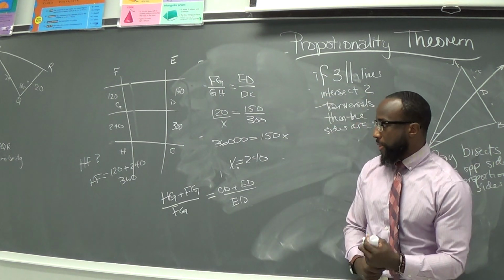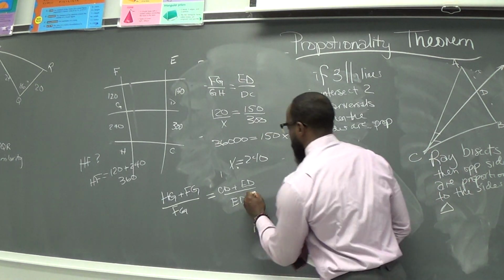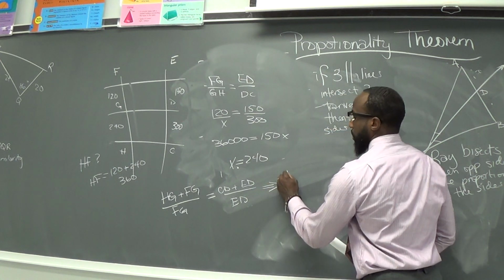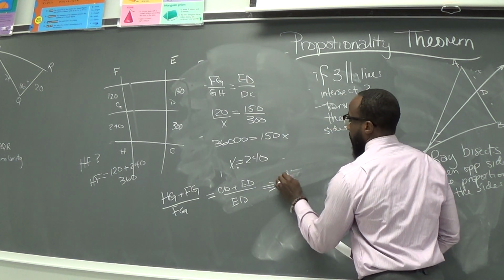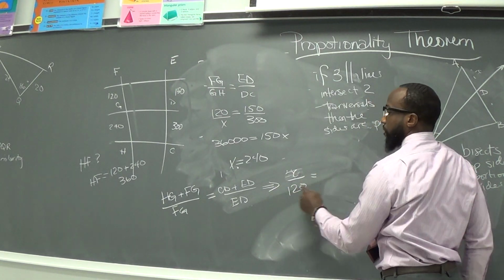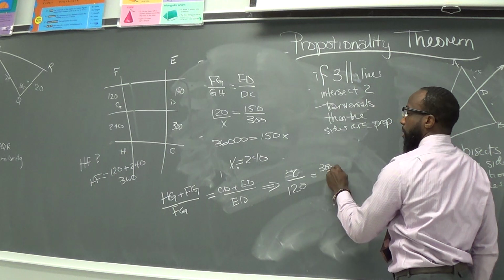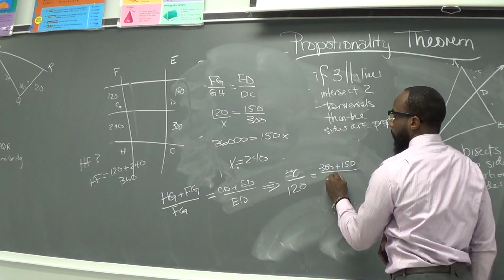We don't know what HF is, so we can just put HF there or X. It'll be X over FG, 120, equals CD, which is 300, plus 150, over 150.